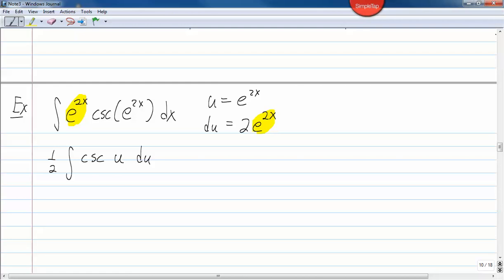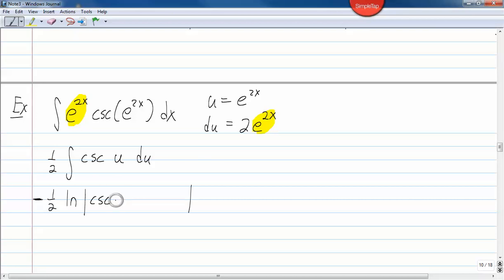The integral of cosecant of u is negative natural log of cosecant u plus cotangent u plus c. It's 1/2 times negative natural log of cosecant u.